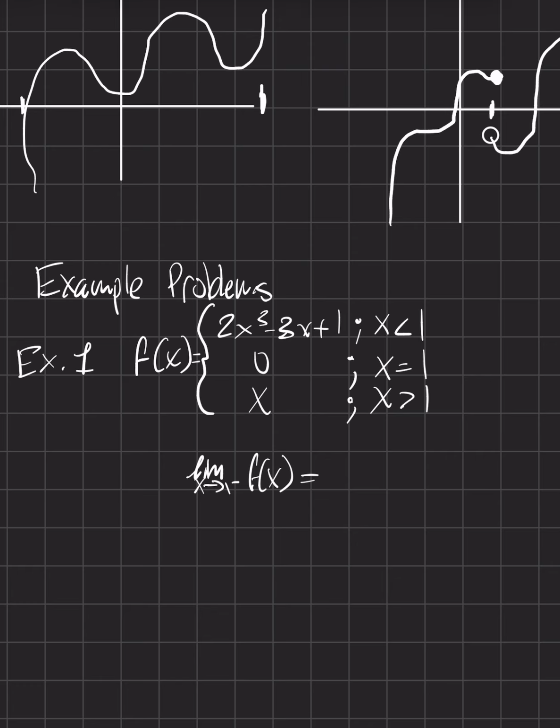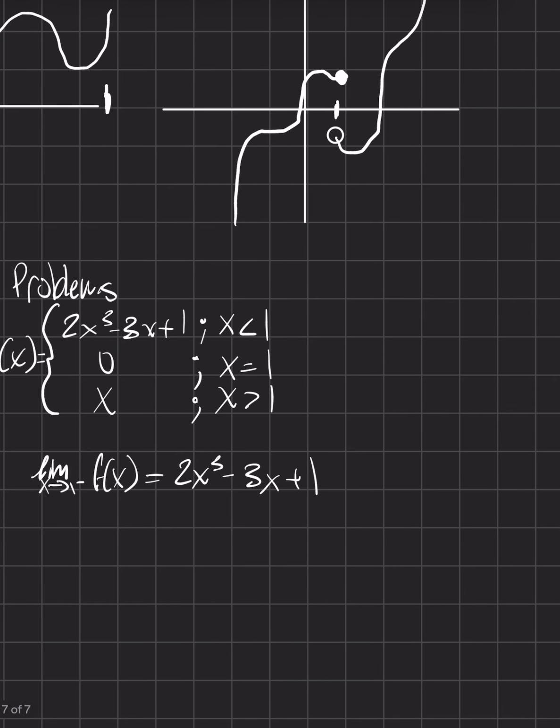And so if we look back at our piecewise function, when x is less than 1, our function is going to be 2x cubed minus 3x plus 1. Now, like what I talked about in the previous video with what I like to call direct substitution, what we're going to be doing here is plugging in 1 into this function, because it looks like I'm able to plug this in, and we're not going to get an indeterminate form.